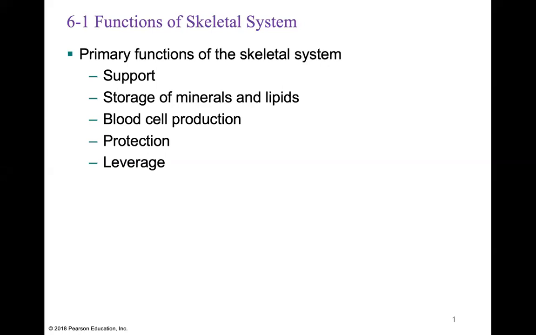Storage of minerals and lipids. You'll see that calcium phosphate is a major mineral that is stored within bones. Most people, if you were to ask them why is calcium important for the body, they would say for bones.